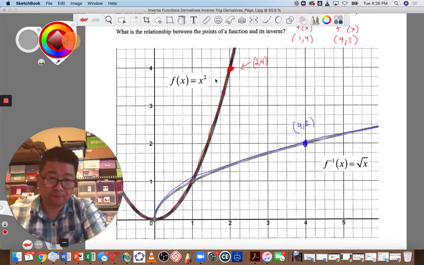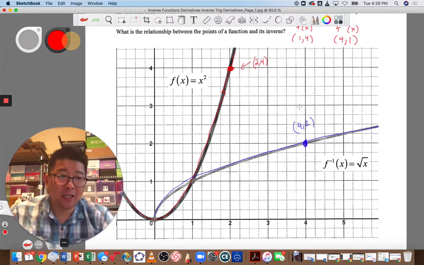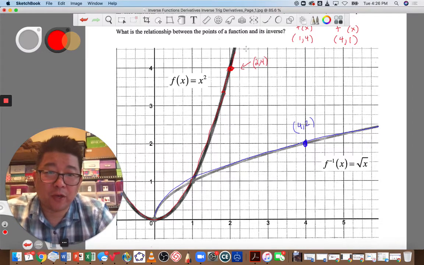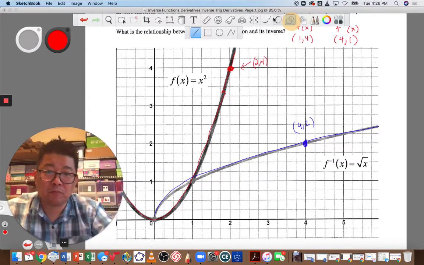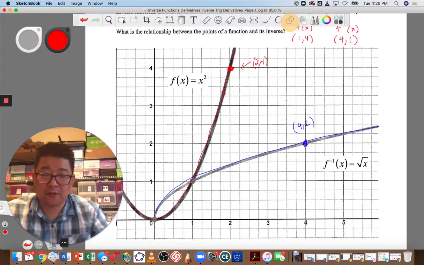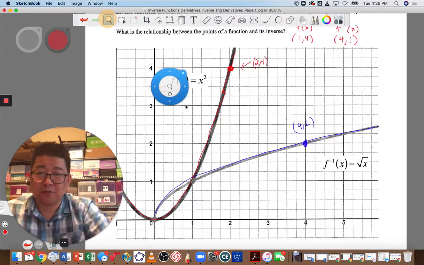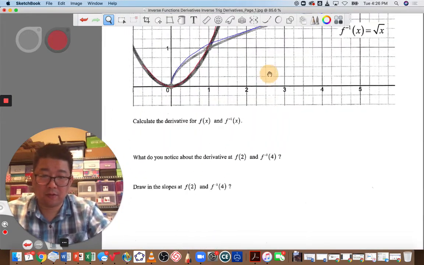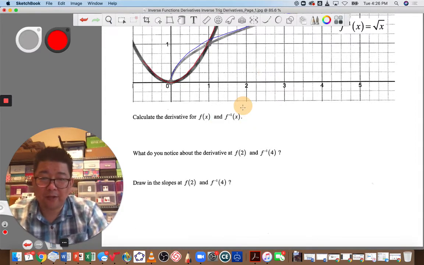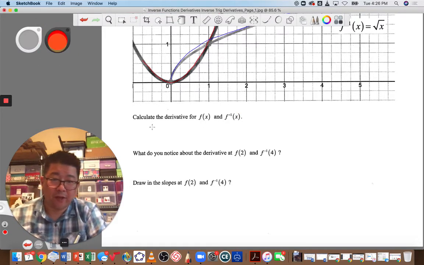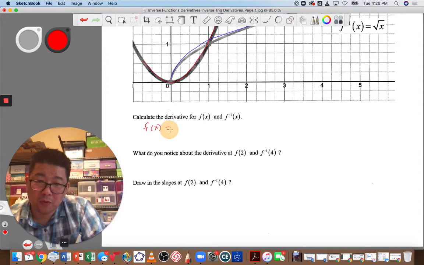Okay, so that's all fine and good, but how does that help us in calc when we start dealing with derivatives? When we start dealing with derivatives, we are going to be using, for example, a slope at this one location, and we're going to see how it corresponds to the slope of the inverse function. So we're going to actually do some of the calculations first. Let's go down to the bottom part of these notes. We're going to calculate the derivative of f of x and f inverse. For f of x, we have f of x equals x squared.